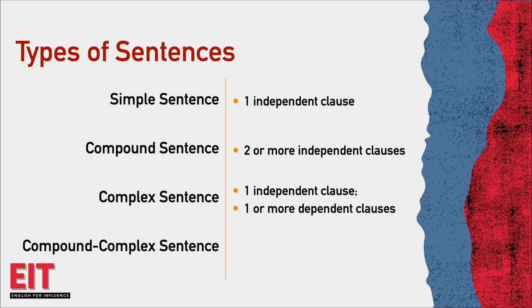And a complex sentence has 1 independent clause and 1 or more dependent clauses. And finally, a compound complex sentence has 2 independent clauses and 1 or more dependent clauses. Now, can you imagine how they look like? I bet not. So let's look at some examples.